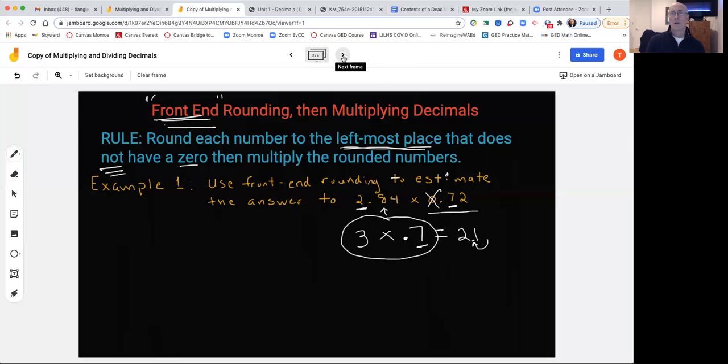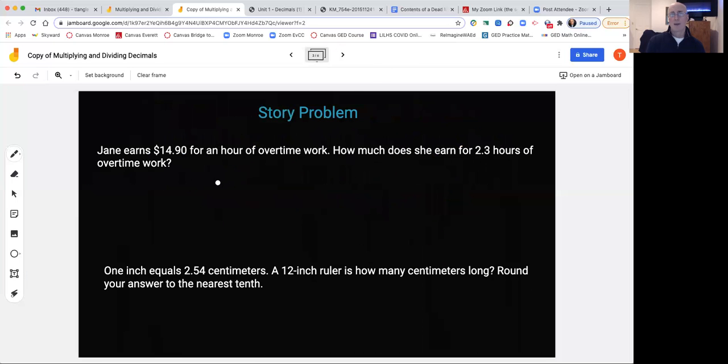One more thing. Let me show you a story problem. This is a good example right here. Look at this first one at the top. It says Jane earns $14.90 an hour. I'm modeling for you: I'm underlining an hour. Each hour she earns this much money. I'm highlighting these ideas as I read.